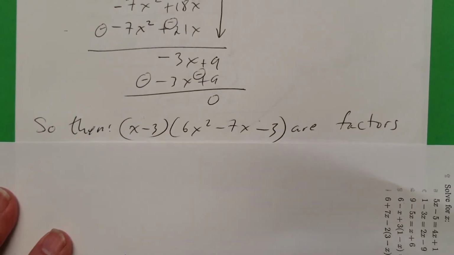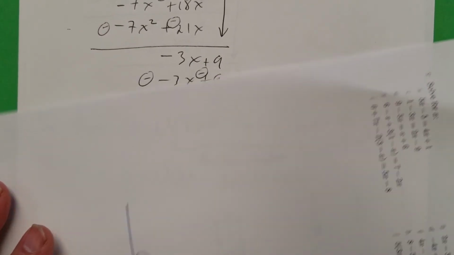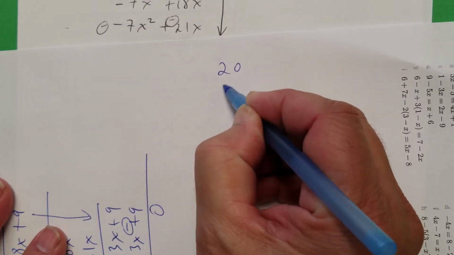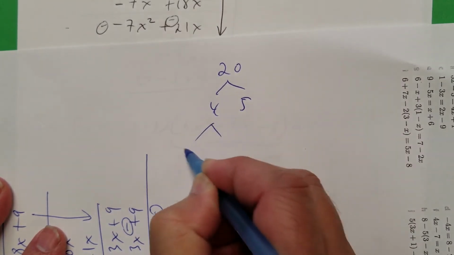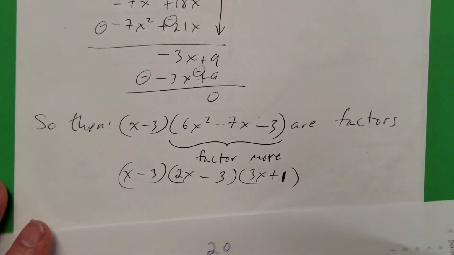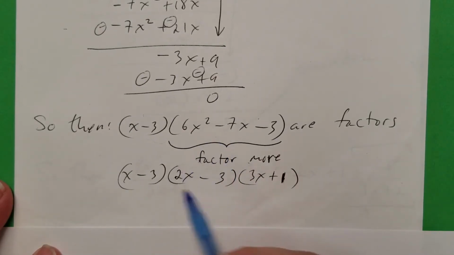So I know this times this will give me the original polynomial, right? But if you look carefully, this can be factored too. Okay, don't write this down, but it's as if you had, say, 20 factors to 4 times 5, but 4 factors to 2 times 2. So one of the factors can be factored even more, right? So if you look, this can be factored even more, right?